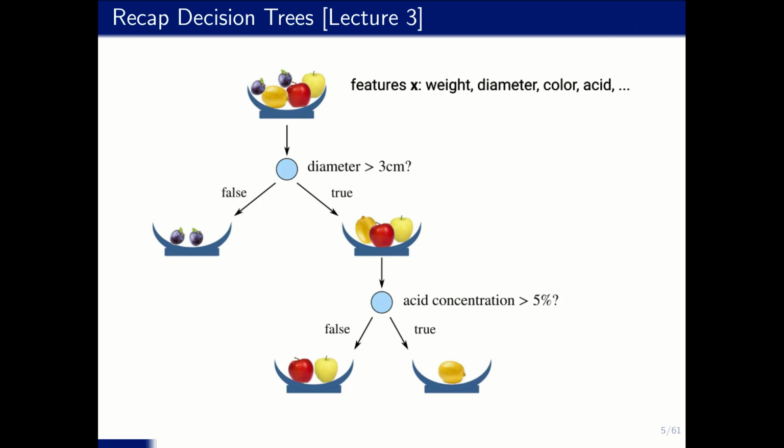Let's start with a brief recap of decision trees. I won't go into detail here, this is just a refresher. Please consult lecture 3 for the details of decision trees. We had this motivating example where we start with a disorganized fruit basket containing all kinds of fruits, and then based on hierarchical decisions we would come up with cleaned baskets containing only one type of fruit.